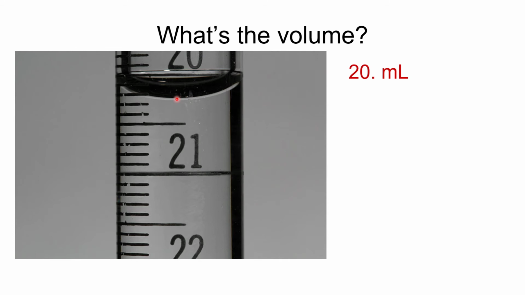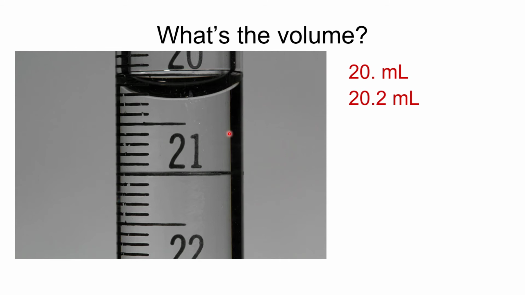So if we were going to estimate, we'd say, well, where is that? What's our next digit here? So here, we can count backwards. So here's 20.5, there's 20.4, there's 20.3, and there's 20.2. Well, the bottom of that curve is somewhere between 20.2 and 20.3. So we can write 20.2 milliliters, and we know that 0.2 pretty well.